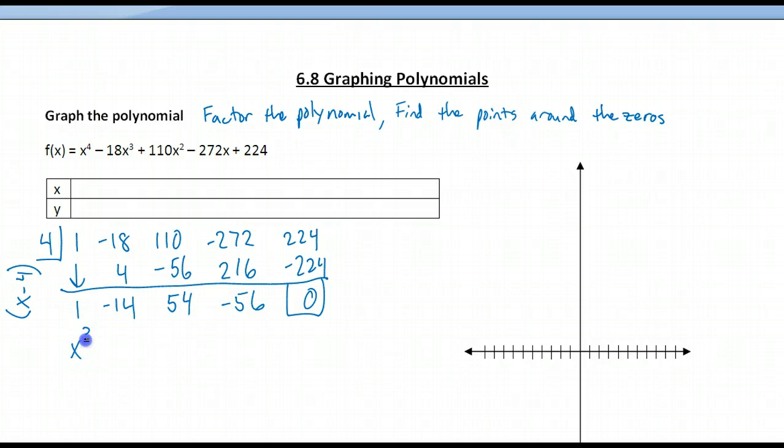Now I want to graph x cubed minus 14x squared plus 54x minus 56. I need to find a 0 of this function.